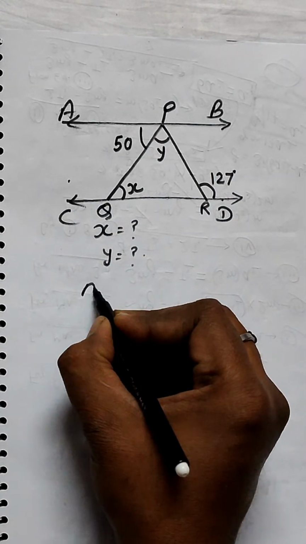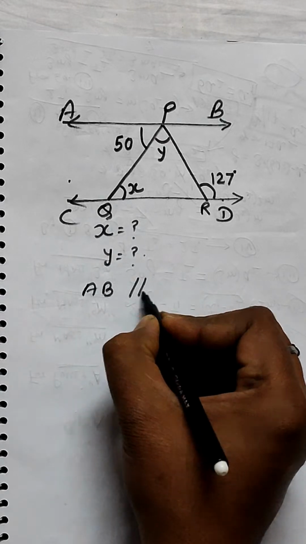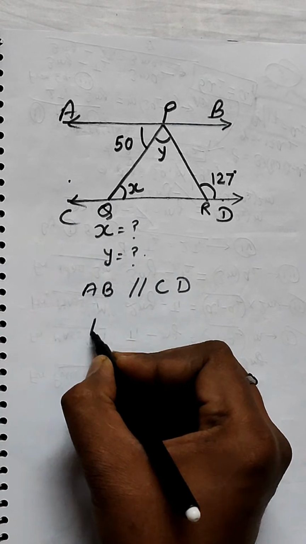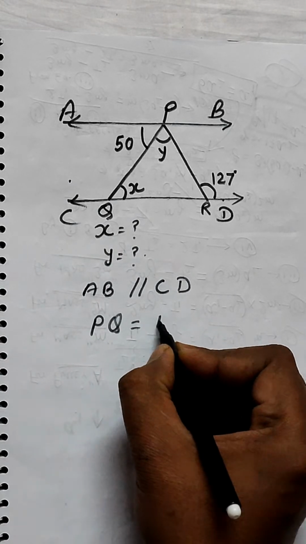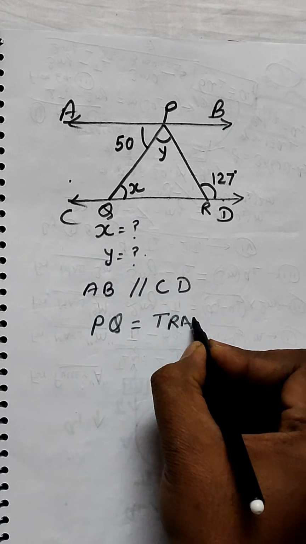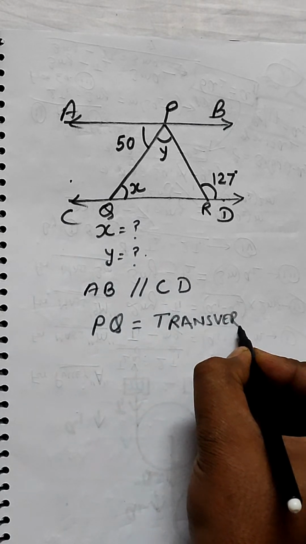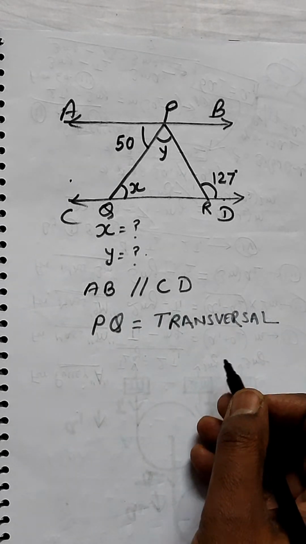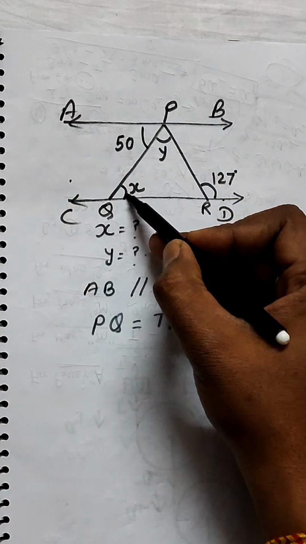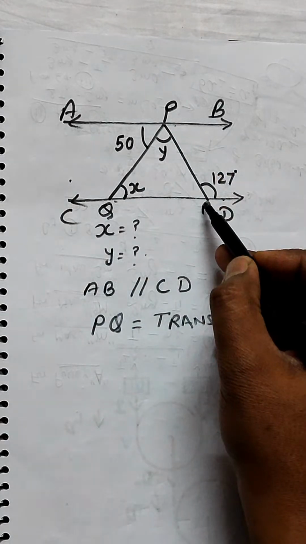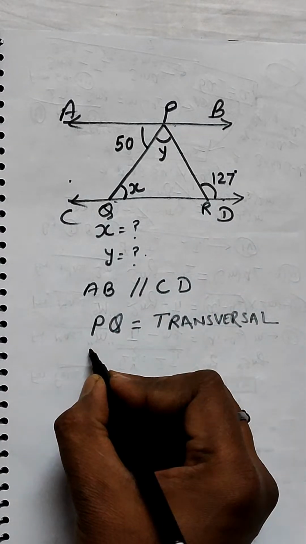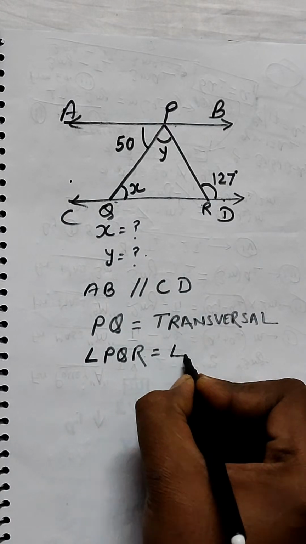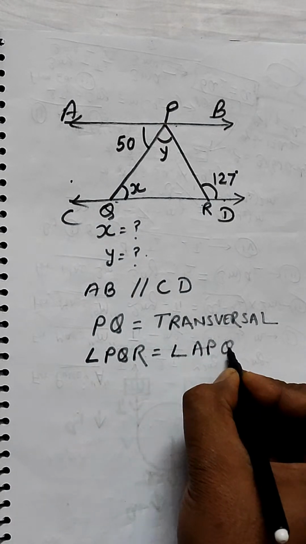So since AB is parallel to CD, and PQ is a transversal, then angle PQR will be equal to angle APQ.